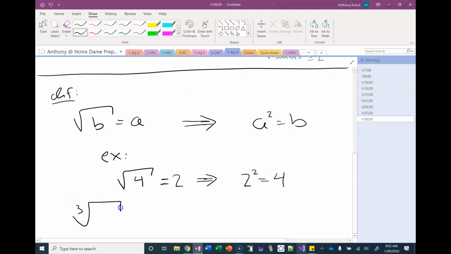So if we were to define the cube root of b equal to a, what would that imply? A cubed is equal to b, right?